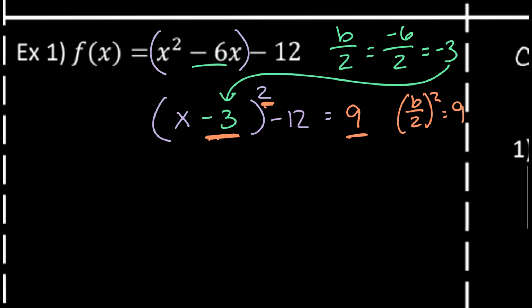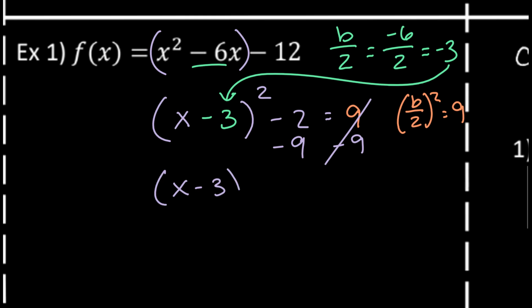All right. Is this in vertex form? Yes. What's wrong with it? We have values on both sides of the equal sign. So what do you think I need to do? Subtract 9 over. So I have x minus 3.